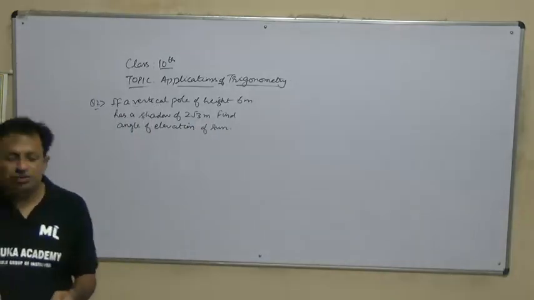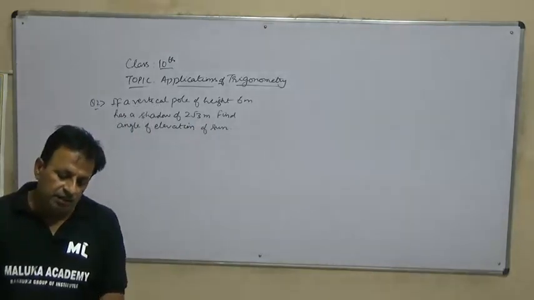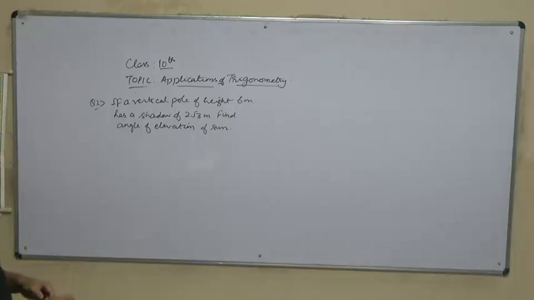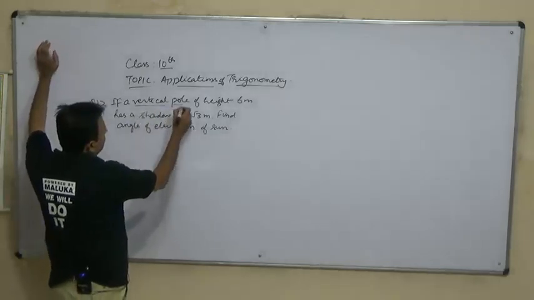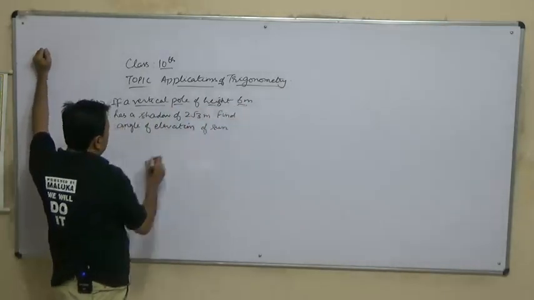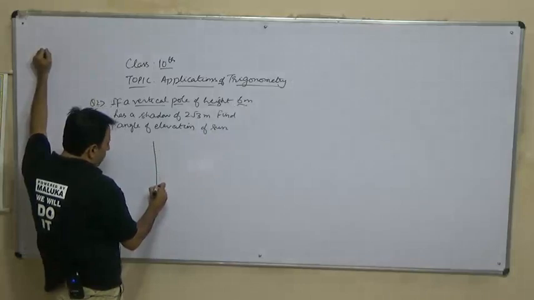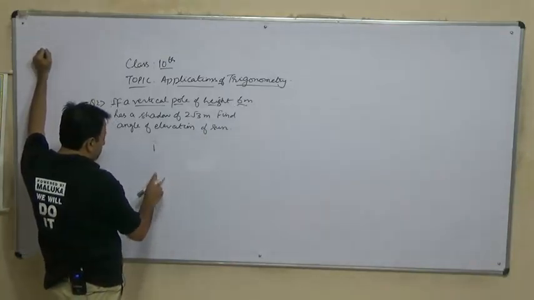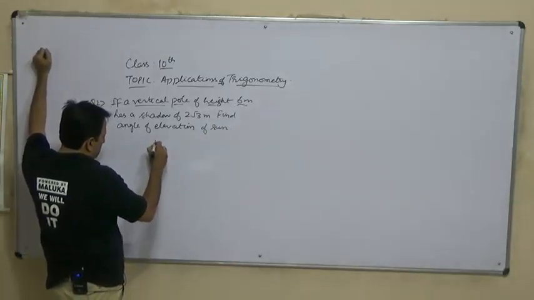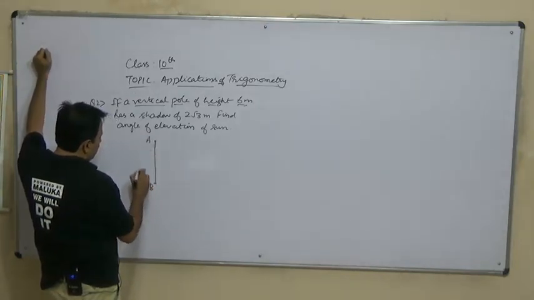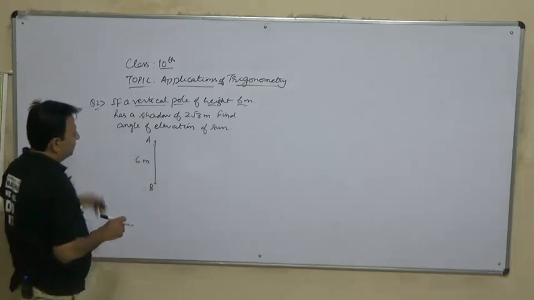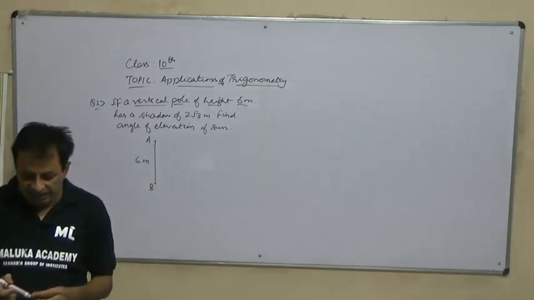So this is similar to the question we did just before, the first question. What are we given here? We are given a vertical pole of height 6 meter. So we draw a vertical pole AB whose height is 6 meter, and we are given its shadow.